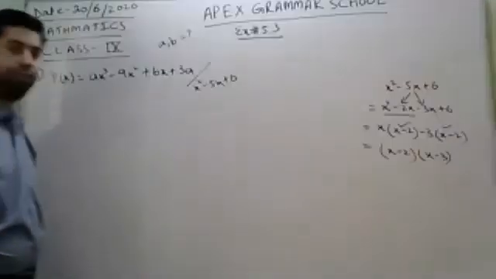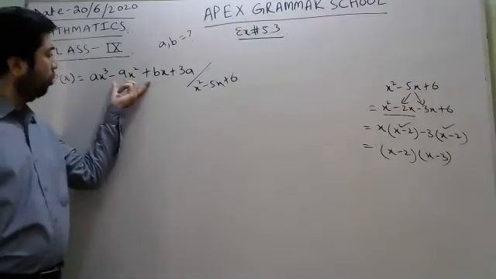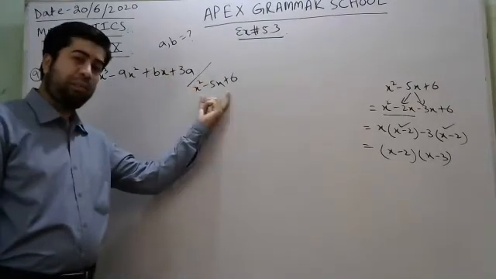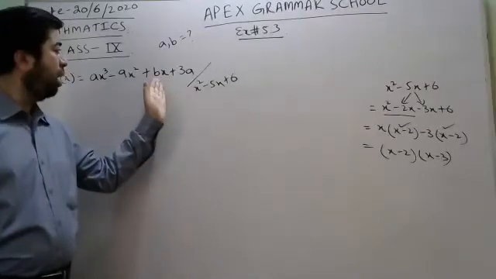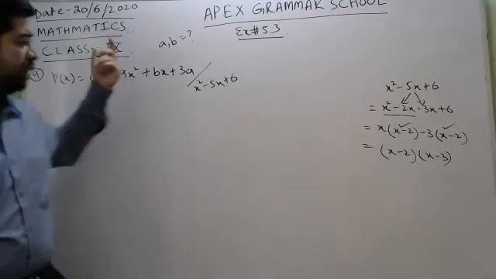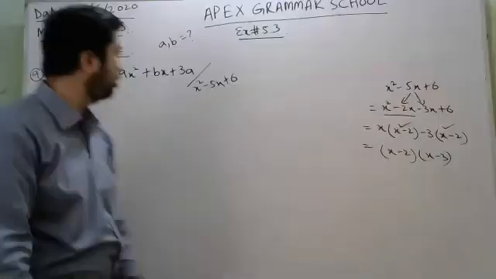Meaning to say that we are going to divide this thing by x squared minus 5x plus 6. But in other words, we are going to divide this by x minus 2 or x minus 3.